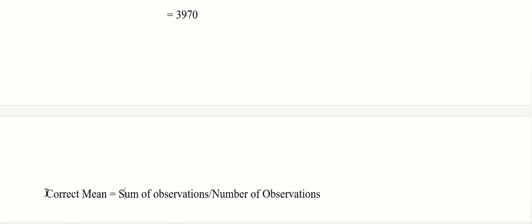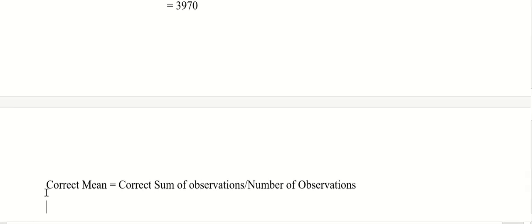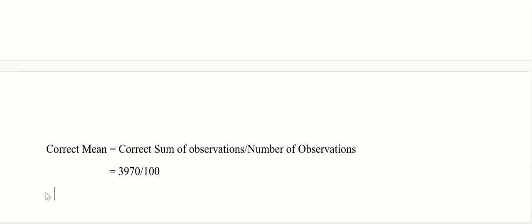For the correct mean, we need the correct sum of observations divided by the number of observations. So the correct sum is 3970 divided by the number of observations, which would remain the same, 100. So the correct mean is 39.7.